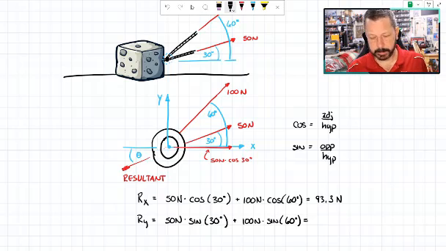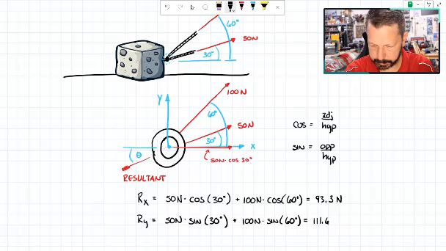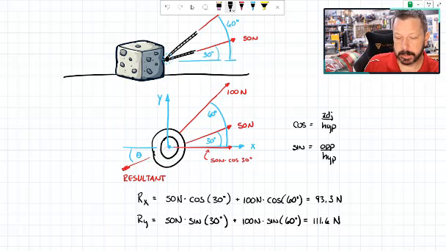All right. So 50 times sine of 30 is 25, plus 100 times sine of 60. Total is 111.6 newtons.